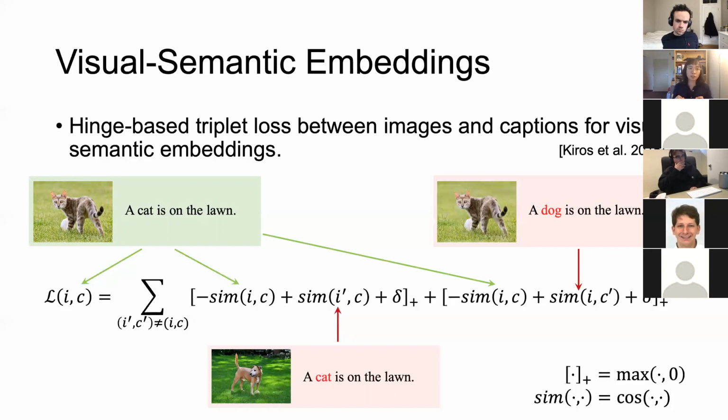We can do the similar thing for the caption part, where we keep the same image and use a different caption as a negative example, and we ensure that there will be a gap distance between the similarity of the matched image and caption over the unmatched image and caption. This is a very standard hinge-based triplet loss.